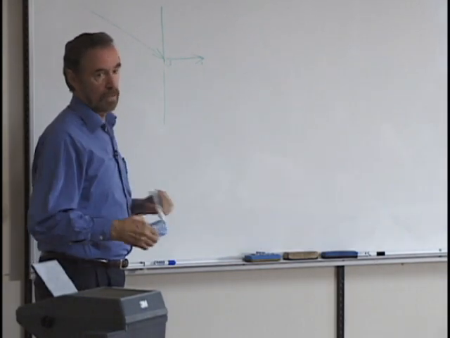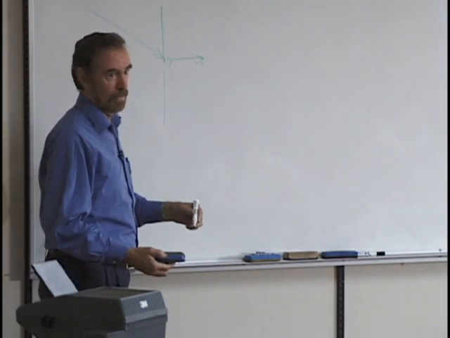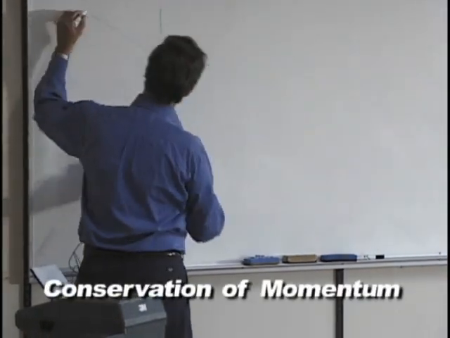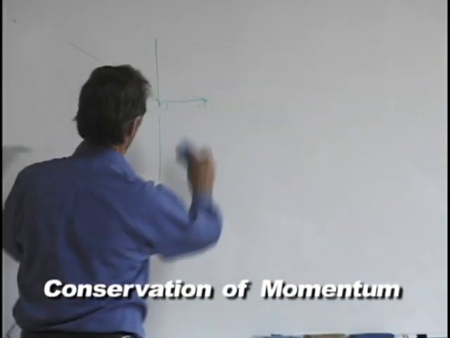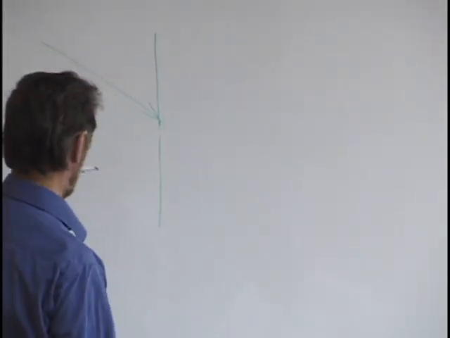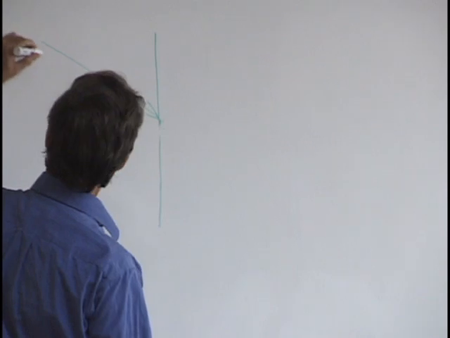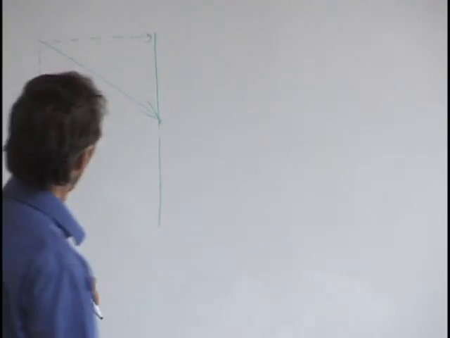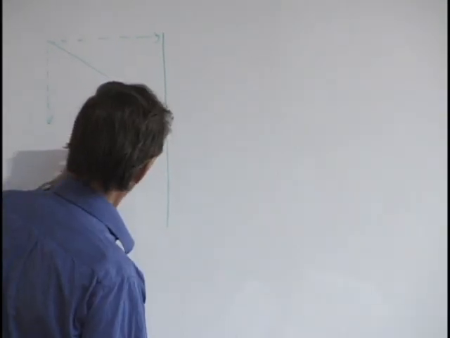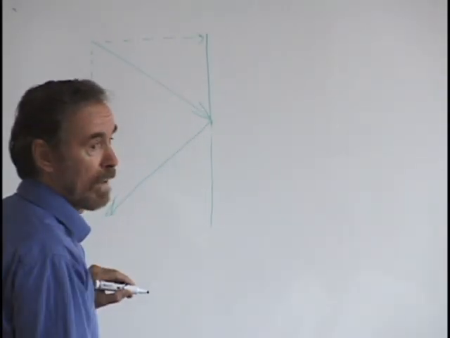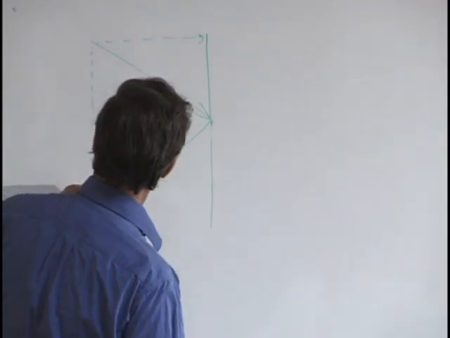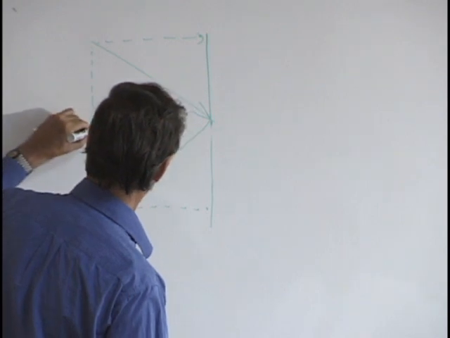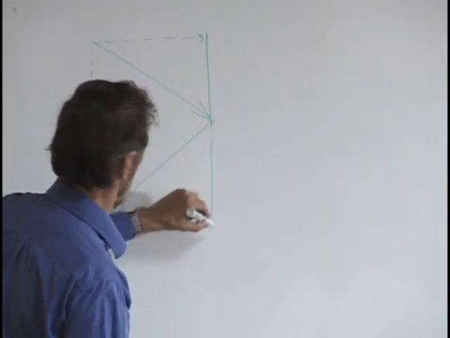You could also look at it with momentum, which we'll be talking about in a little bit too. Let's suppose, for example, we have a momentum vector here coming in, an mv vector. That mv vector would have a component like this and a component like this. If the wind bounces off like this, then bouncing off, we'd have a momentum vector like this and a momentum vector like this, the same.